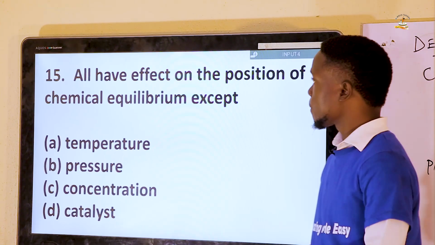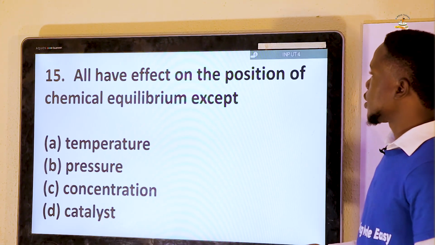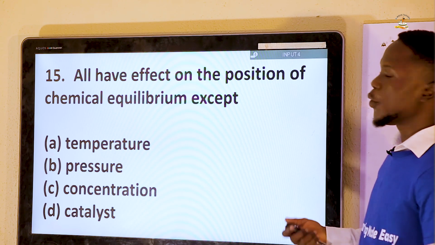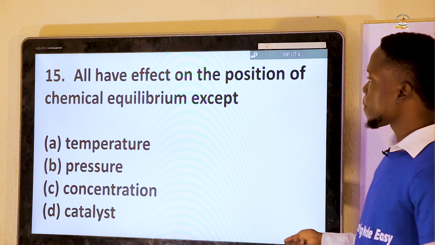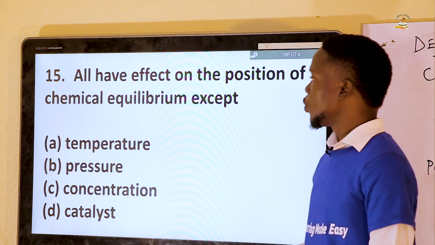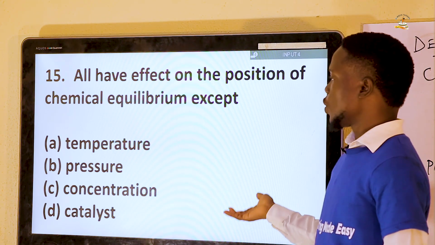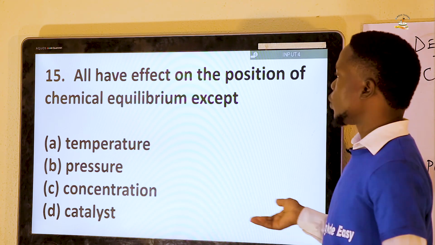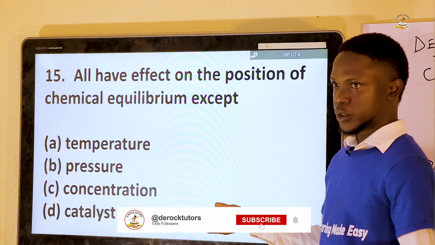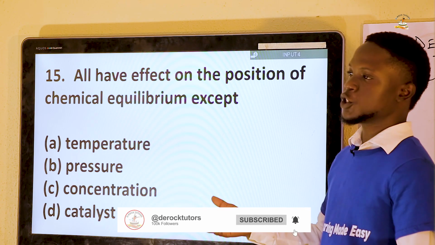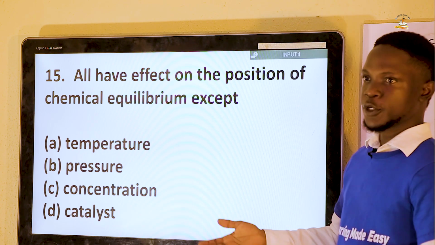Question number 15. All have effects on the position of chemical equilibrium except, now, temperature would have an effect on the chemical equilibrium. Pressure would have an effect. The concentration, that is, if you increase the concentration of the reactants, more products will be formed.